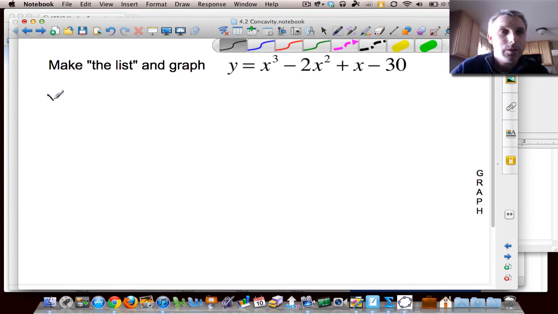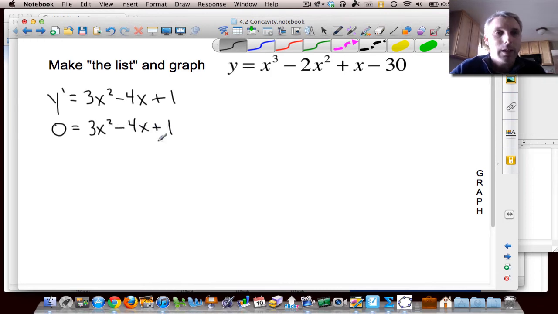So the first thing I'm going to do is y prime. So I'm going to take my derivative. This tells me increasing, decreasing, and it also tells me local maxes, local mins. So first thing we do is we take our first derivative, we set it equal to 0, and we solve for x. This gives us critical points, and we also need to think about where it's undefined.